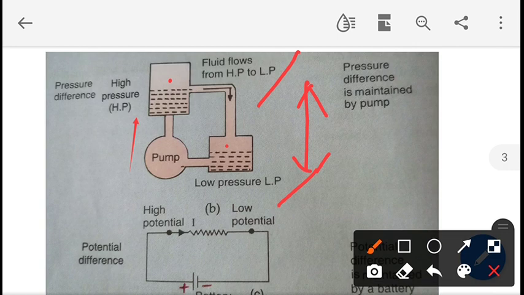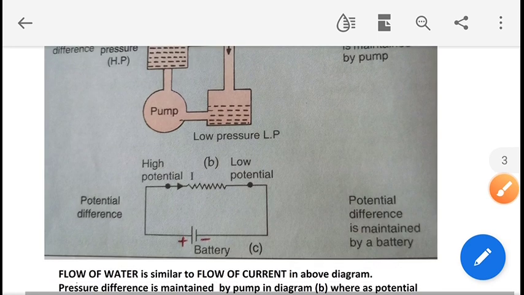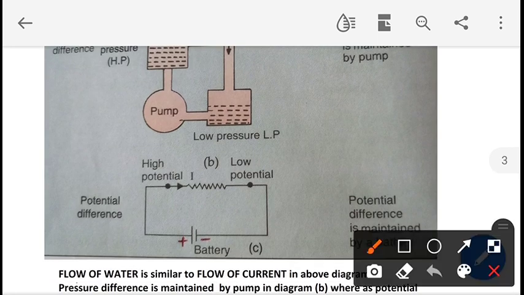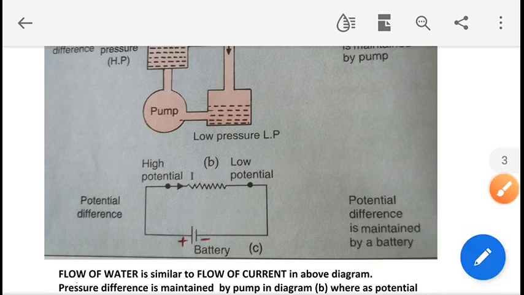Due to the height difference, the ball was rolling, and due to the potential difference, electrons flow. So there is an analogy in these three examples. You see here the battery is actually creating a potential difference. Because of that, this point is at high potential and this is low potential. Current is flowing from high potential to low potential, and this is written here also.